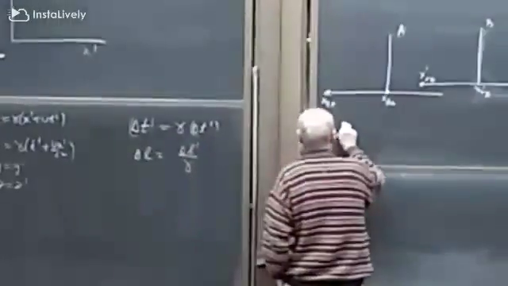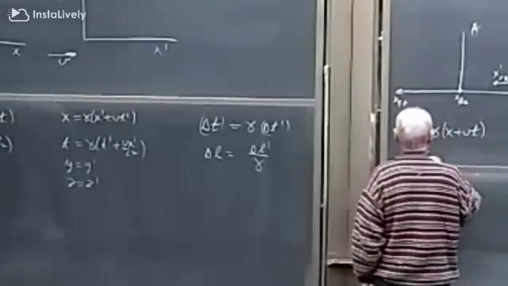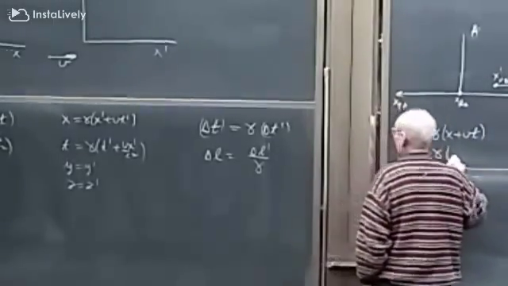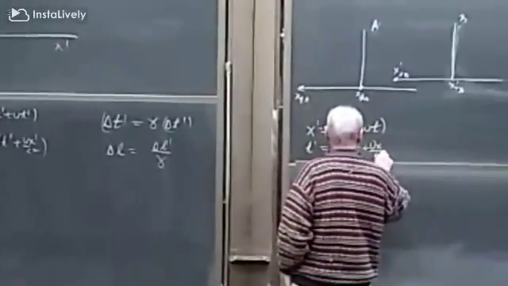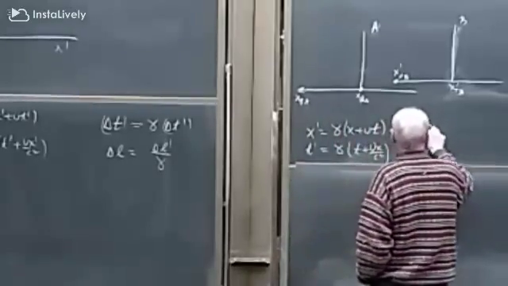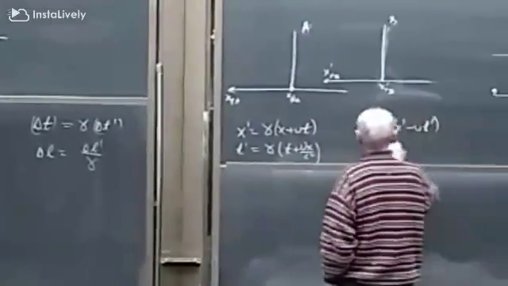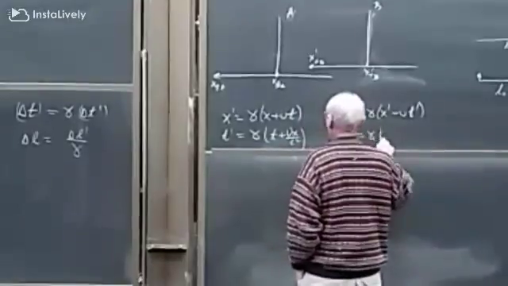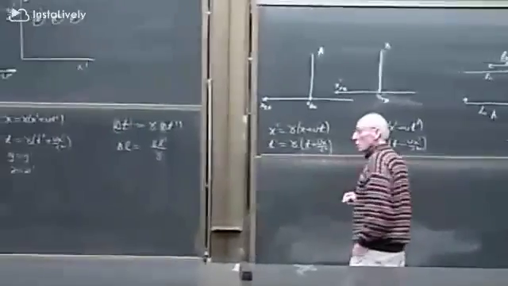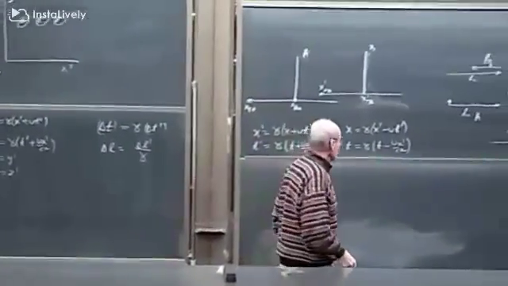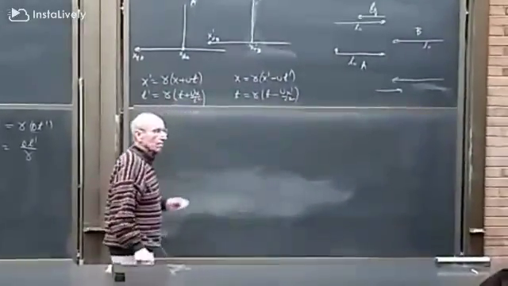So that we get x prime is gamma (x plus vt). t prime is gamma, we'll change the sign of v, (t plus vx over c squared). And then going the other way, x is gamma (x prime minus v t prime), and t is gamma (t minus vx prime over c squared). Okay, so those are going to be the relations between the values that the two people see.